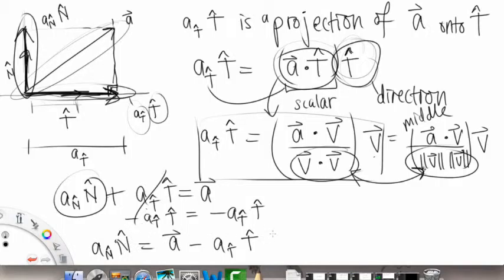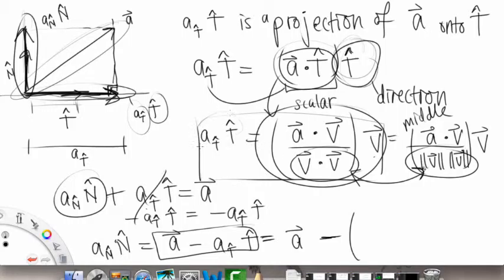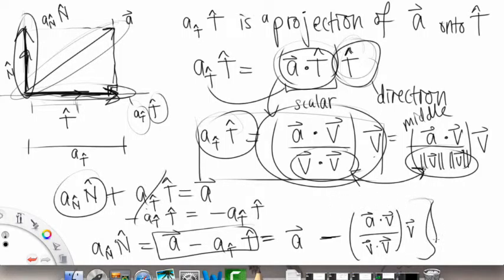Another way to write this, if we go a step further, more component-wise, is that our acceleration vector minus, and I'll just copy this down because this is equivalent to the tangential stuff, a dot v, and then v outside, and then a v dot v on the bottom. Again, that's another way we could write and solve for the normal components.